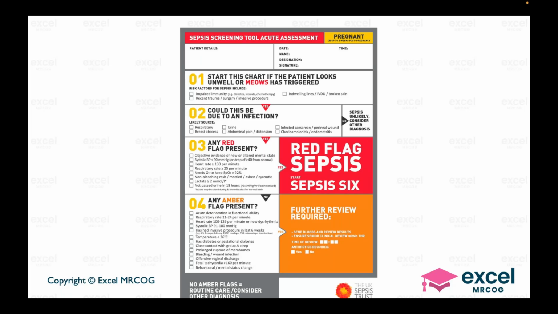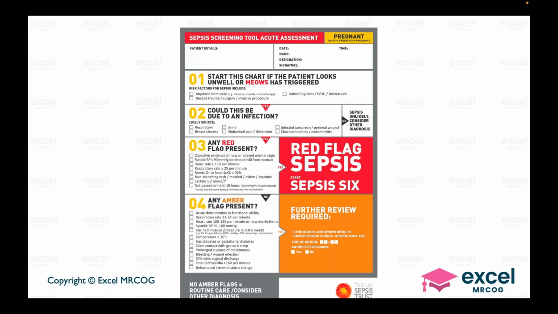Okay. So if you have thought of sepsis, ask whether there is infection. Number 2 is, could this be an infection? If so, where do you think the infection is? Is it respiratory? Is she having cough? Is she having tachypnea? Is she having respiratory findings like crepitations? Is she having breast abscess? Examine the breast. All of these points are important for you to say in your exam.